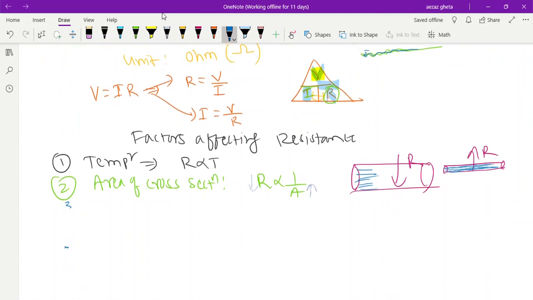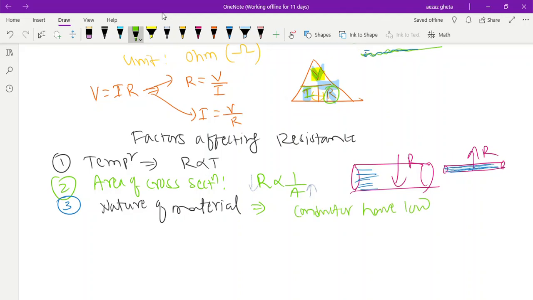Third point. What is the third point? Anyone knows? Yeah, obviously there will be a nature of material. So nature of material is what? Different materials have different resistance. Like the conductor has low resistance, correct?